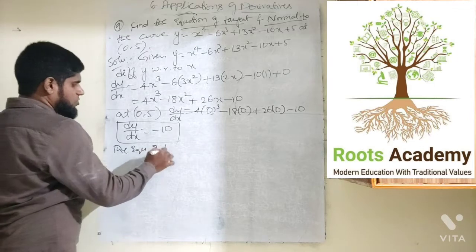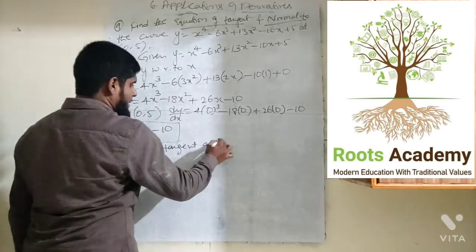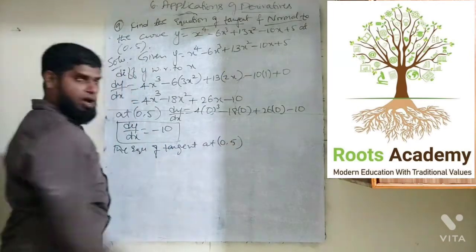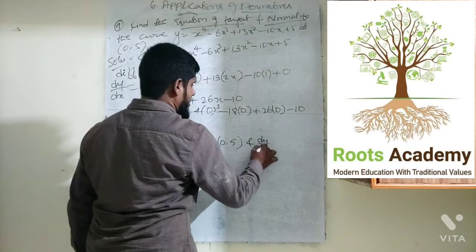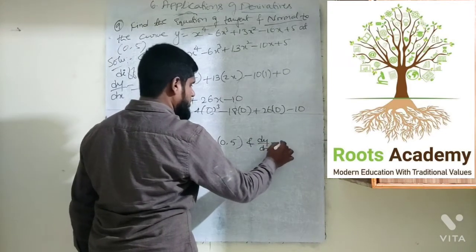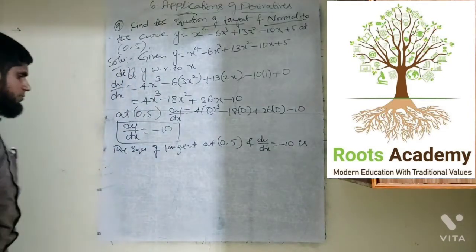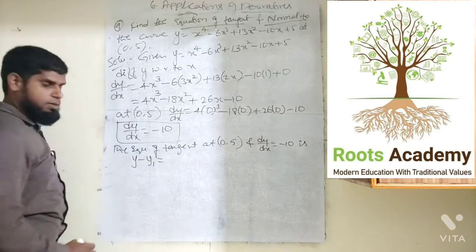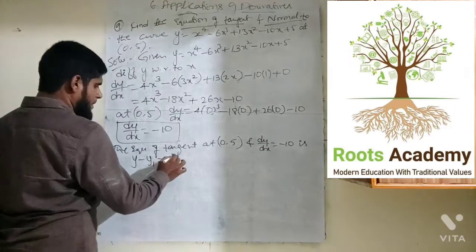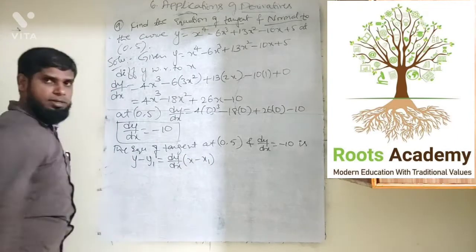The equation of tangent at 0, 5 and dy by dx equal to minus 10 is y minus y1 equal to dy by dx into x minus x1.